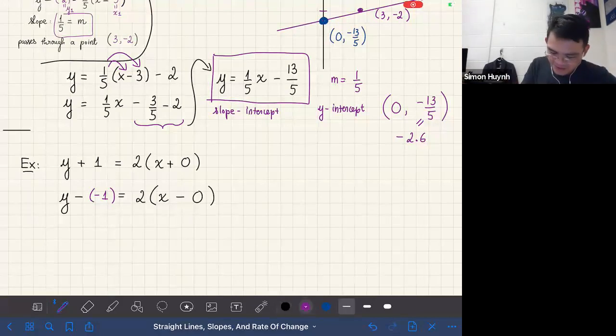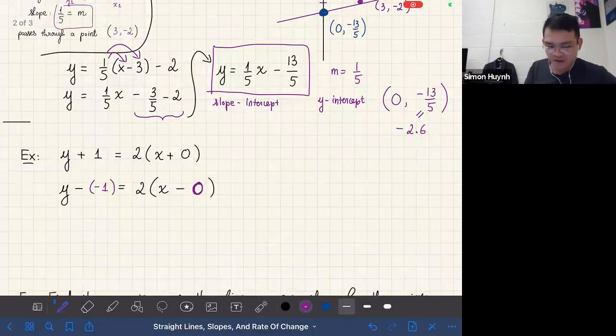Minus and plus 0 is just the same thing, so it's all good here. And we can see here that the slope is 2 in this case.